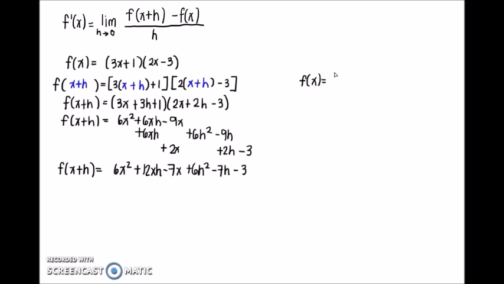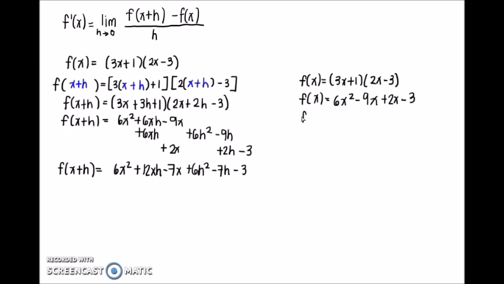F of x is equal to 3x plus 1 times 2x minus 3. So all we have to do is apply FOIL method. So f of x is equal to, so 3x times 2x, it will give us 6x squared. 3x times negative 3, it will give us negative 9x. 1 times 2x, it will give us positive 2x. 1 times negative 3, it will give us negative 3.